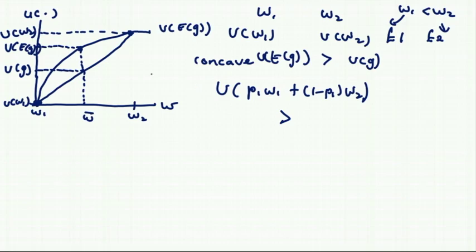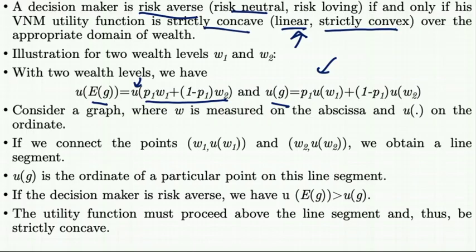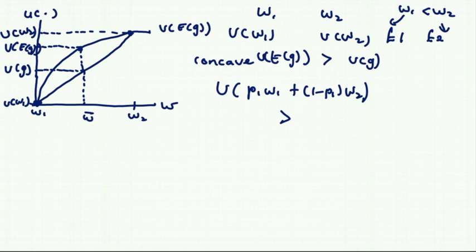And what is UG? UG is given by this. Let me rewrite it here: it is equivalent to P1 times UW1 plus 1 minus P1 times UW2.